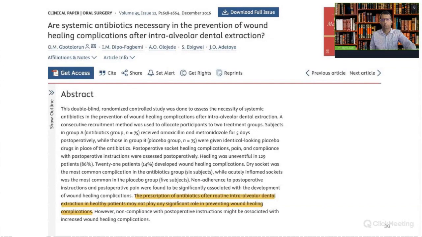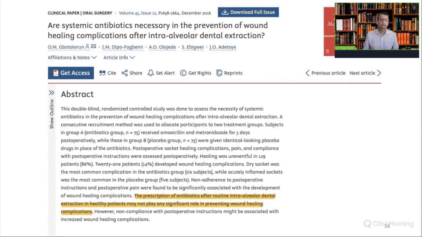There was a placebo group and a control group, with 75 patients in each group. One group of 75 people received antibiotics after extraction, and 75 people received a placebo, no drug. Surprisingly, when they reviewed the data after 3 weeks or 4 months of study evaluation, they found that both groups had the same number of complications and the same number without complications.